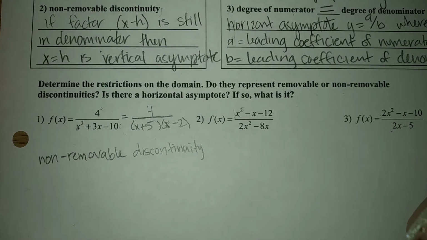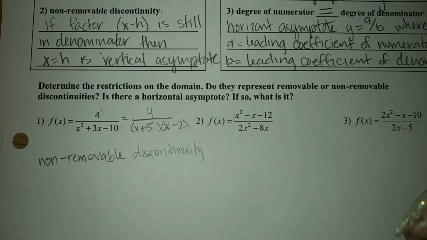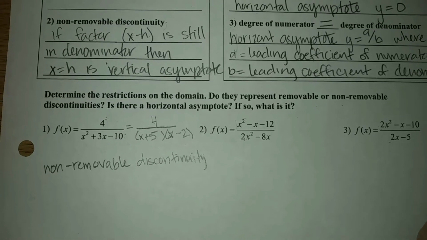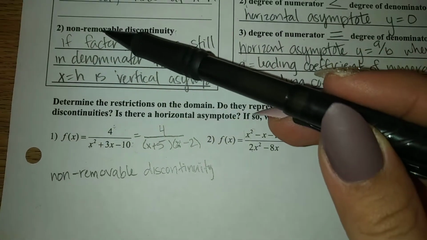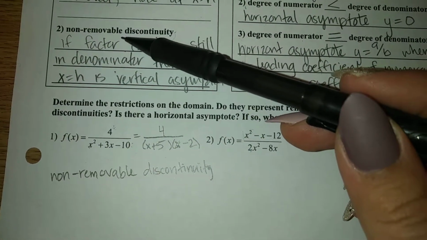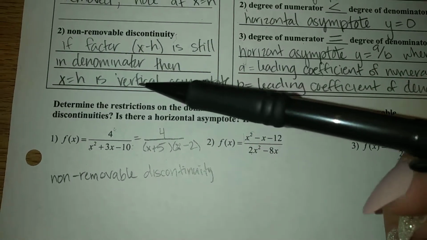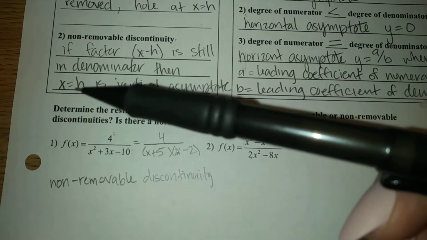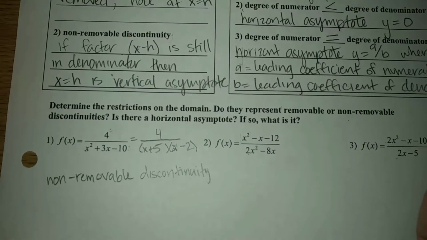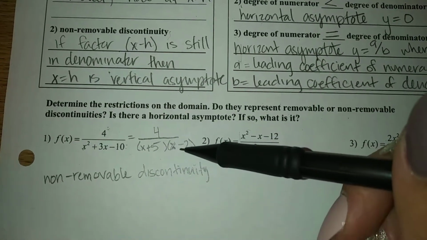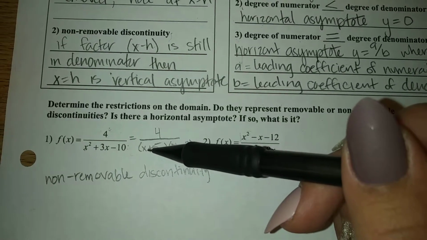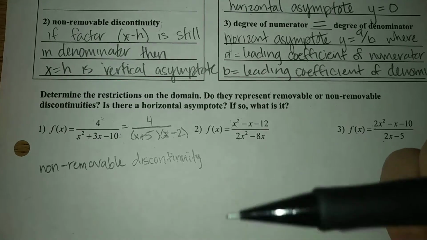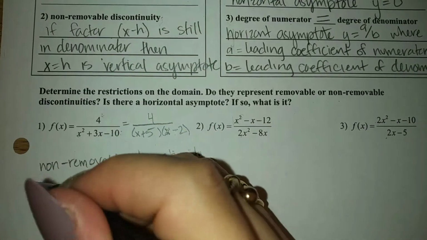And then we're going to find if we have a vertical asymptote or a horizontal asymptote or both. So when we have non-removable discontinuity, then we know that we do have a vertical asymptote, which is x equals h. So here we have 2 terms. We have x minus h here and x minus h here. So we're going to have 2 vertical asymptotes.